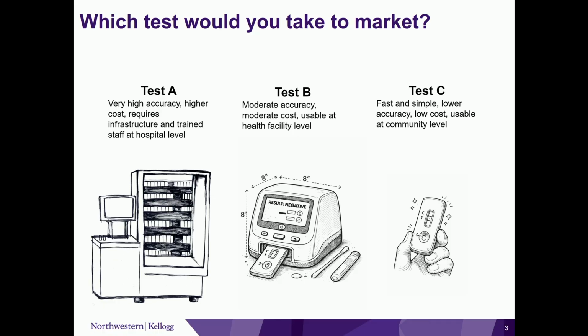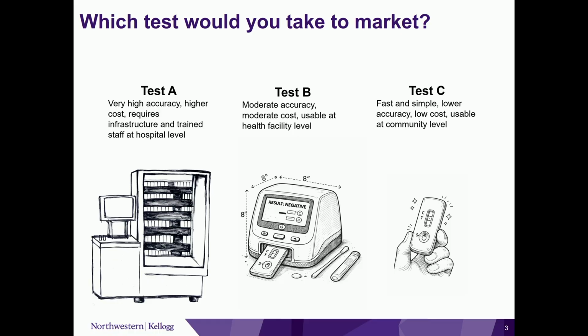It requires some infrastructure and space to use it in, and some trained staff at a hospital level to use. And it's a very exciting technology that this company that we're all a part of has just finished completing.